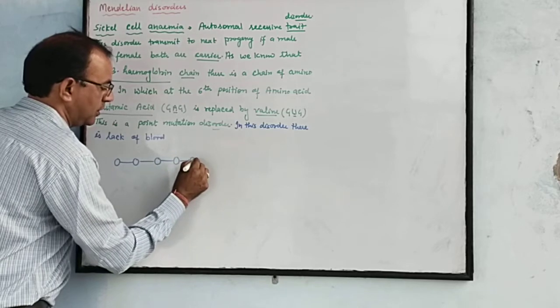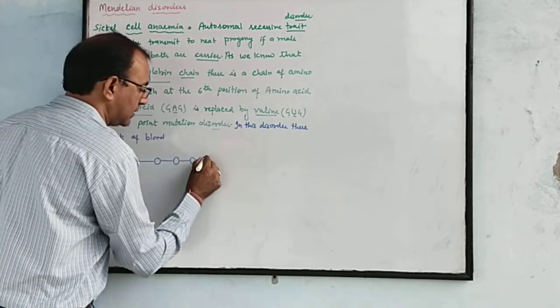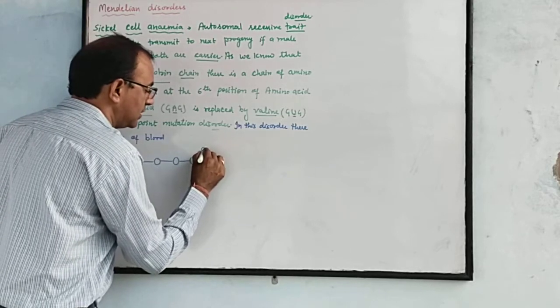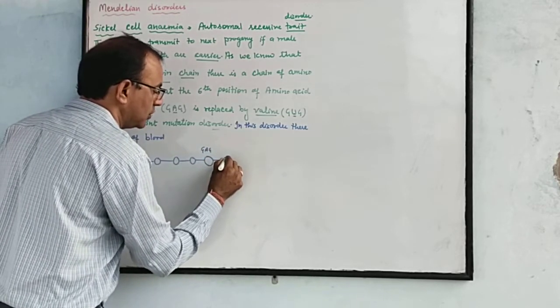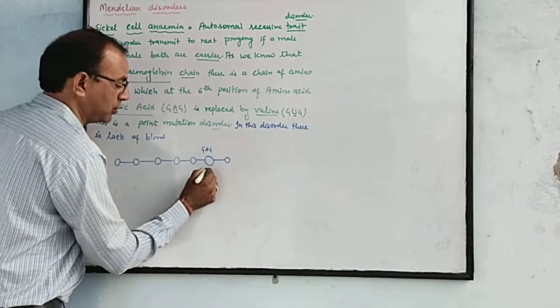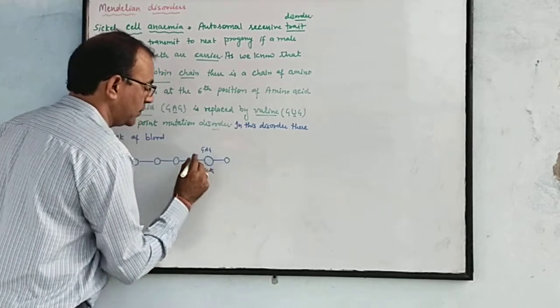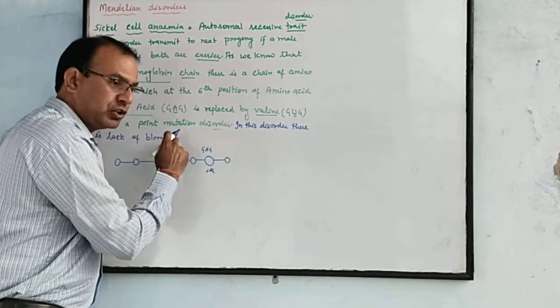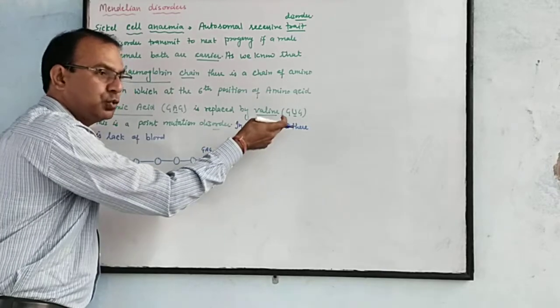This is the beta hemoglobin chain of amino acids, and this sixth position contains glutamic acid, GAG. This is the long chain. First, second, third, fourth, fifth, and this is the sixth position. Here glutamic acid is placed, but due to point mutation, this A, adenine, is replaced by U, uracil.